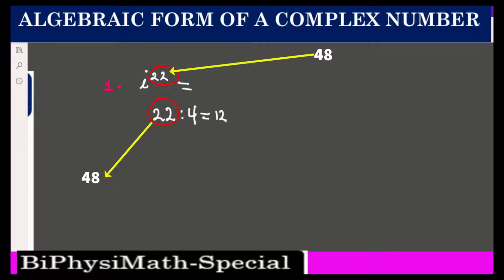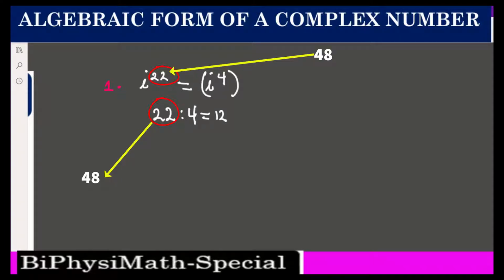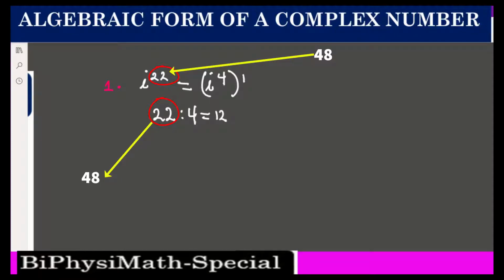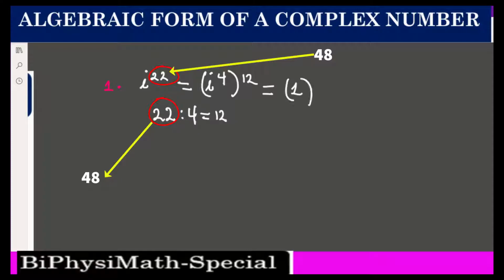Now write i to the power 48 equals i to the power 4 times 12. Four times 12 is 48. As you know, i to the power 4 equals 1, and 1 to the power 12 gives 1.